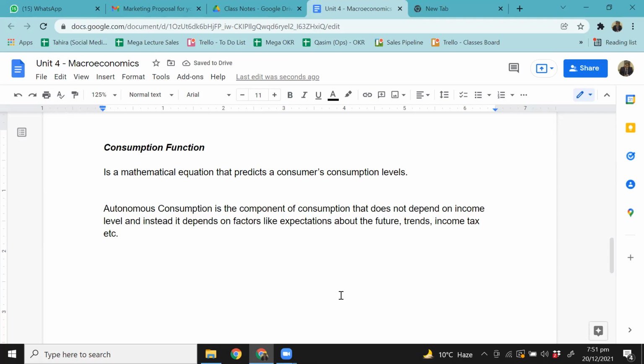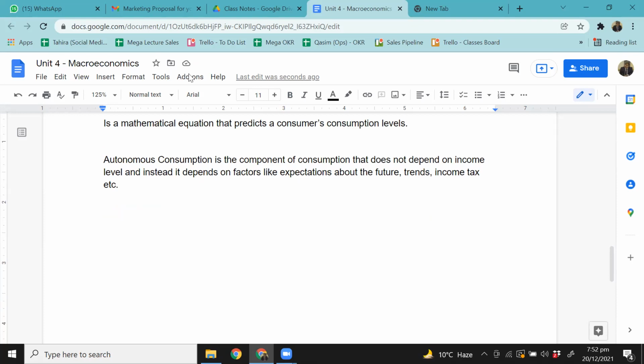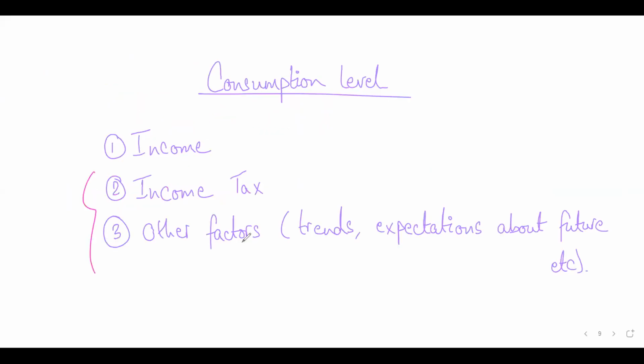Now, the wording is very important over here, and that's why I'm making you familiar with the wording early on. So what is autonomous consumption? I said autonomous consumption is the component of consumption that does not depend on income levels, and instead it depends on factors like expectations about the future, trends, income tax, etc. So these other factors that we identified are the factors that affect your autonomous consumption.